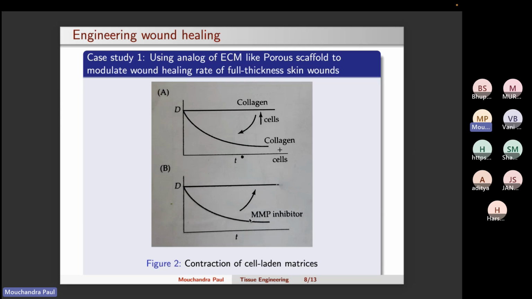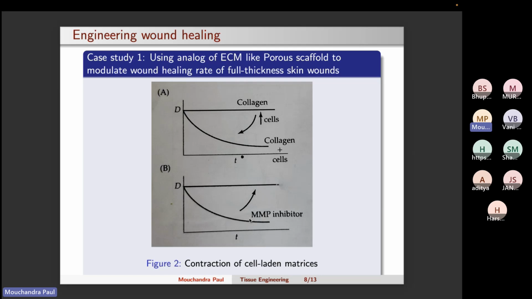The same thing can also happen in the presence of chemical compounds like inhibitors of matrix metalloproteases. These are proteases, or hydrolytic enzymes, released by cells to degrade their surrounding ECM components. When a cell wants to migrate through dense ECM, in order to make its own path, it often releases these MMP enzymes.